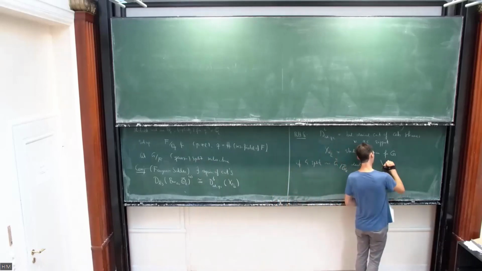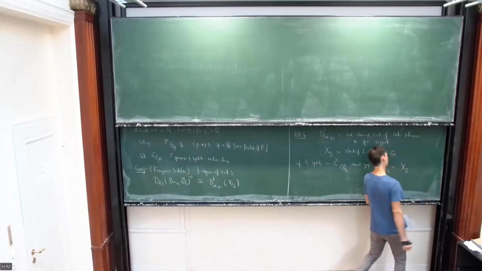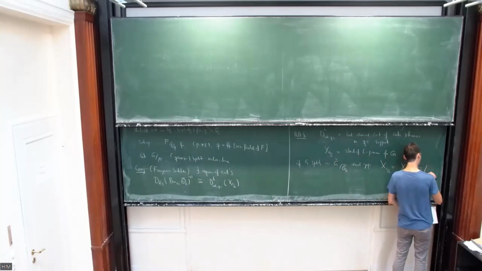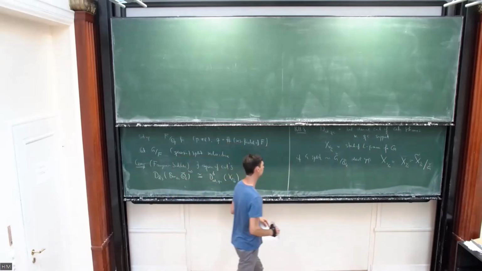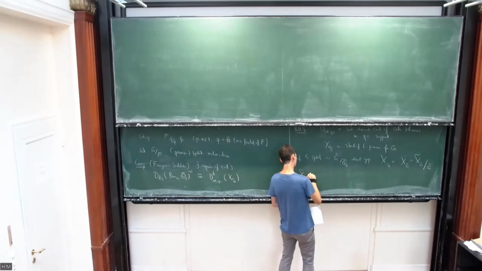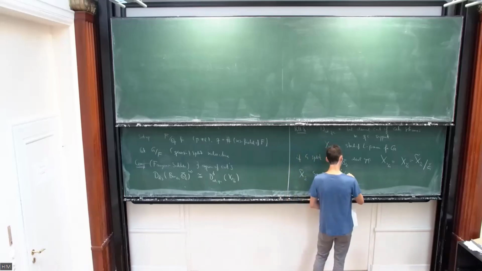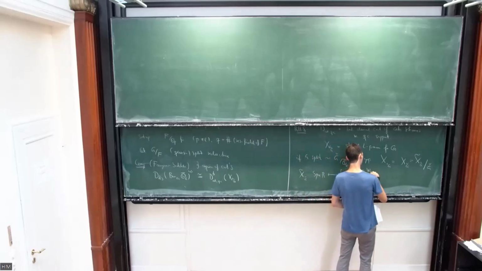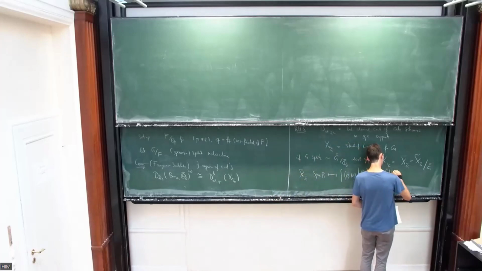Then we have that X_LG is something that I want to rename as X_G check for the dual group, which is something I want to call X tilde G check divided by G check. So it's a stack quotient of the following scheme: X tilde G check sends Spec R to (rho, N), where rho is a morphism from the Weil group to G check of R, which is smooth.